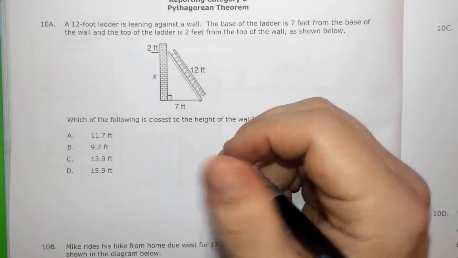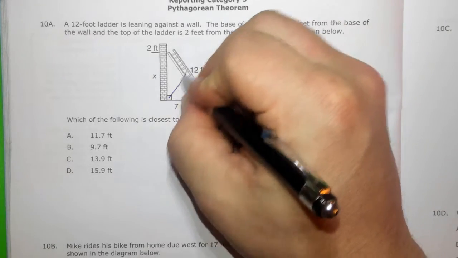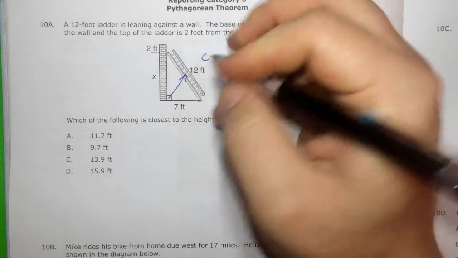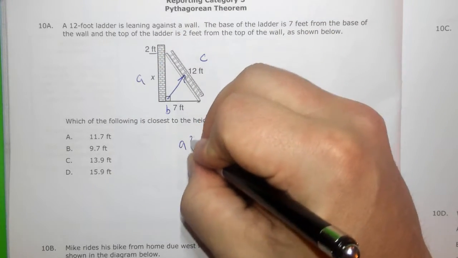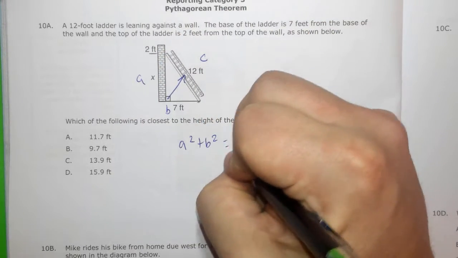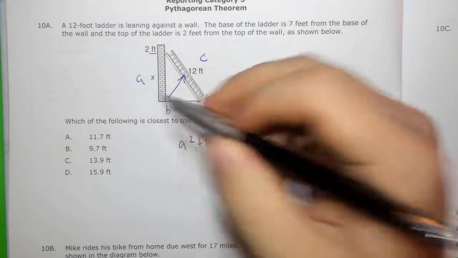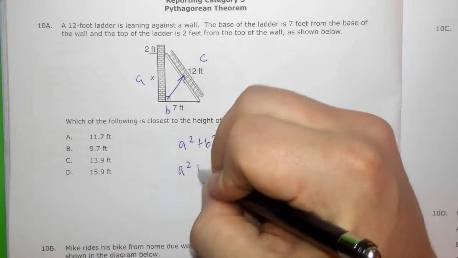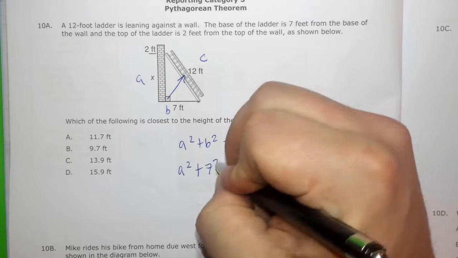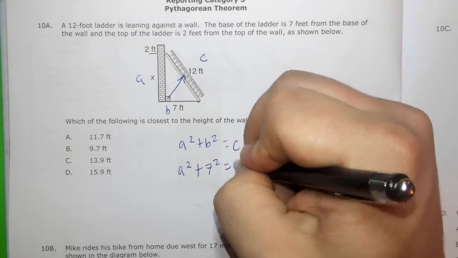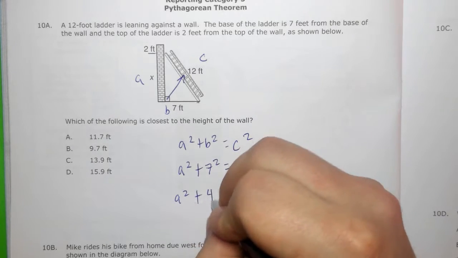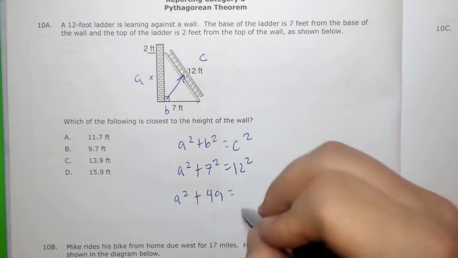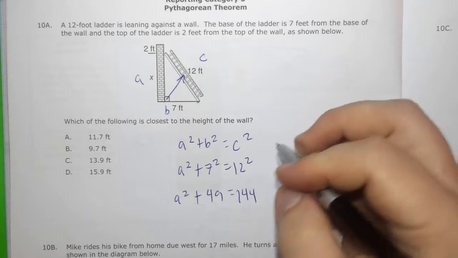So my right angle, here's my hypotenuse, so I know this is C, and I'm going to say this is B and this is A. So I'm going to go A squared plus B squared equals C squared. I don't know what A is, so I'm going to leave it like that. B is 7. C is 12. 7 squared is 49. 12 squared is 144.